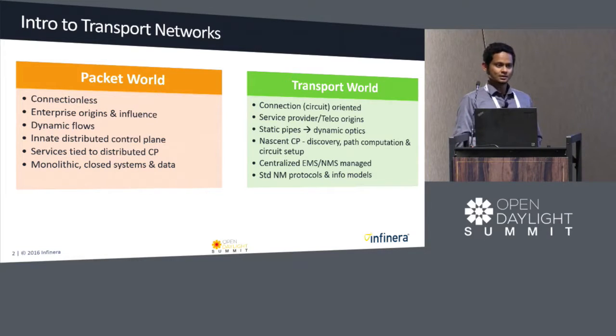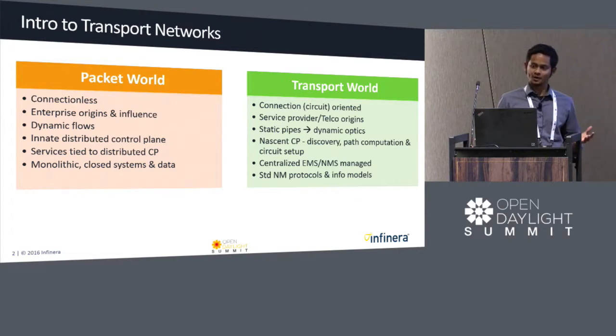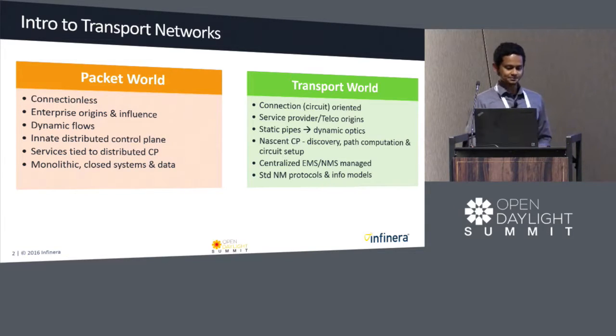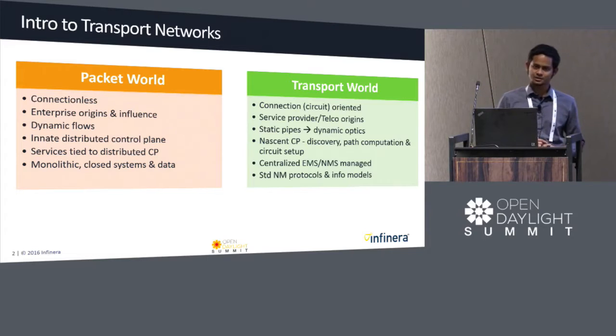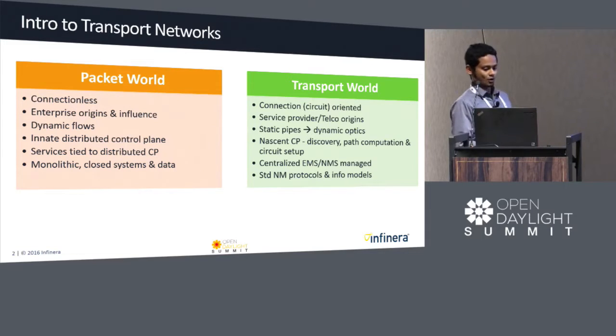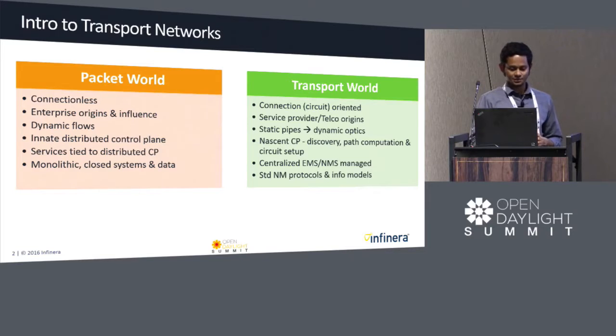You have a distributed control plane that does routing protocols and programs rules and things like that. Transport networks is a term that has been floating around more recently, and it combines all the different connection-oriented services that you would see, which doesn't necessarily have to be just optical.